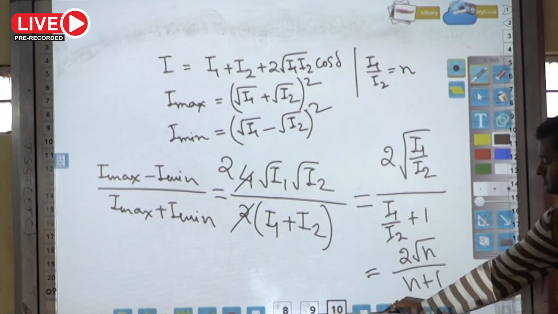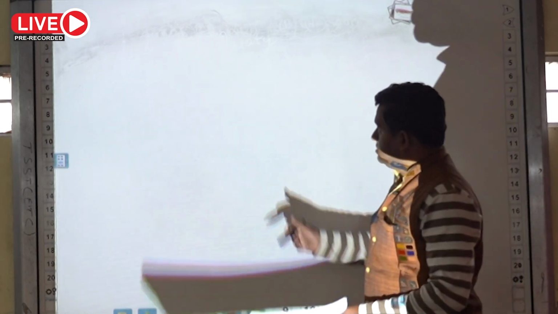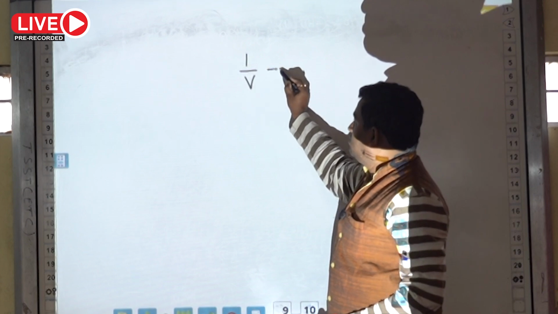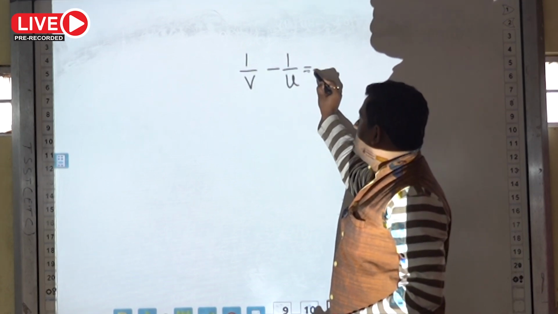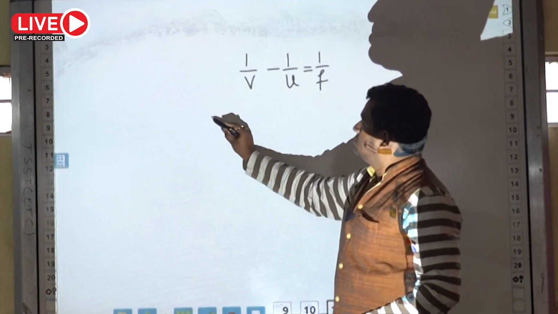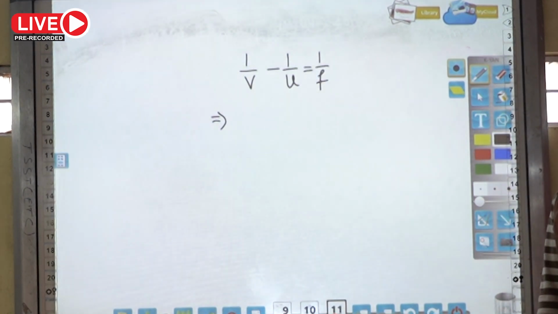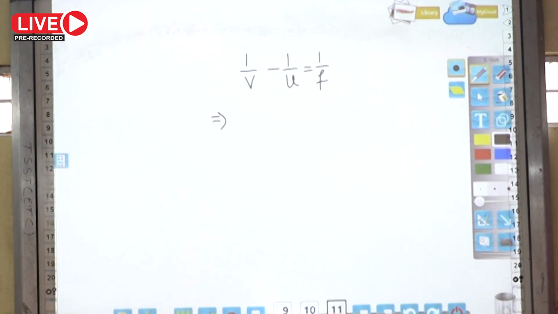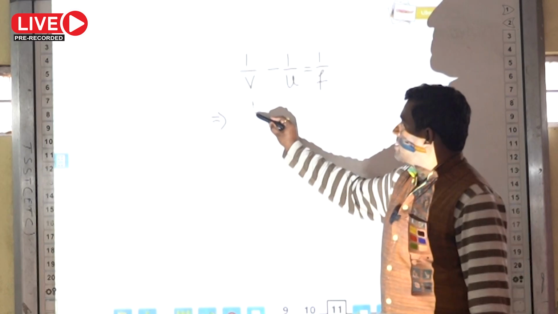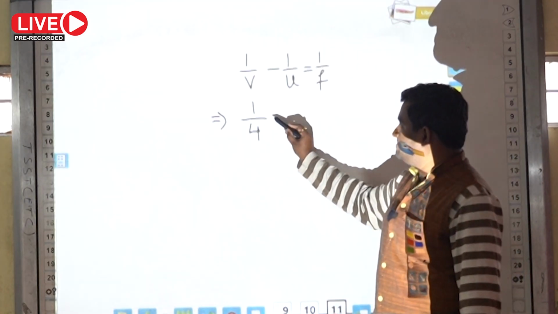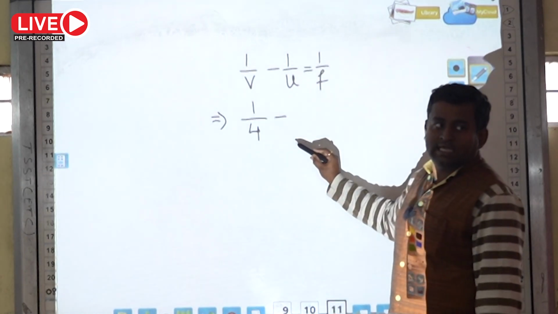Then 1 by V minus 1 by U equals 1 by F. What is V? V should be at 400 centimeter, 400 centimeter means 4 meter. And U is infinity.